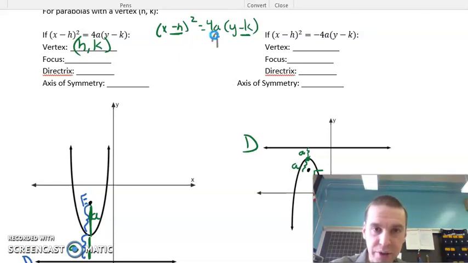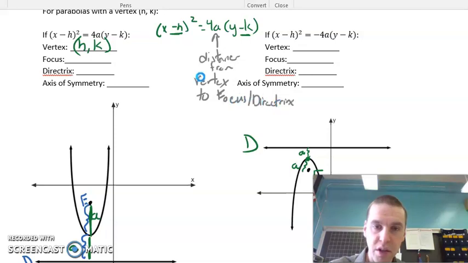Here's your a value. That is the distance from the vertex to the focus or the directrix. That's really important. That a value, which we just spent a lot of time talking about, is that distance.